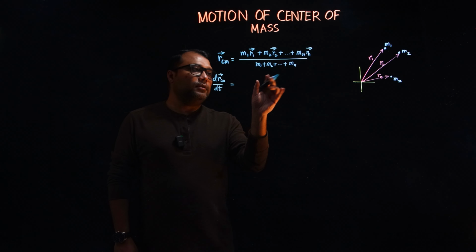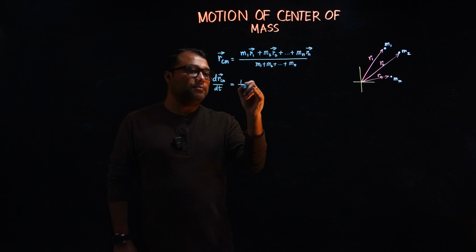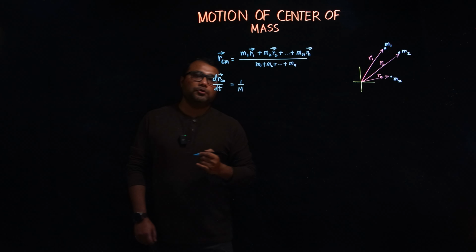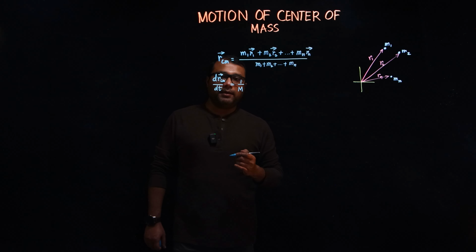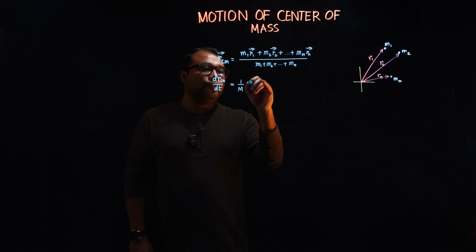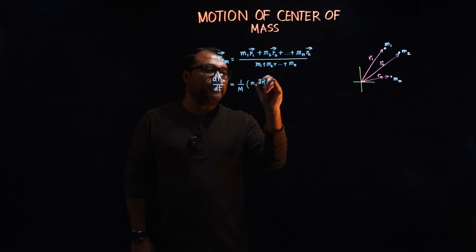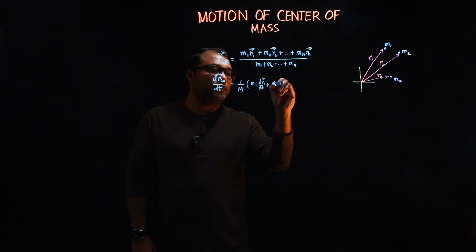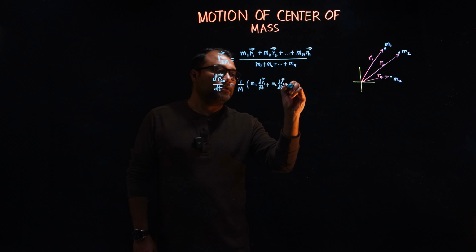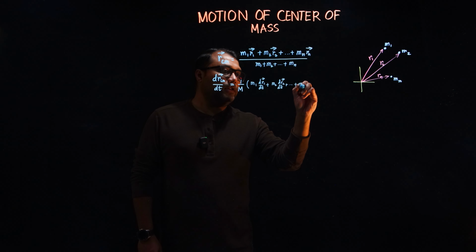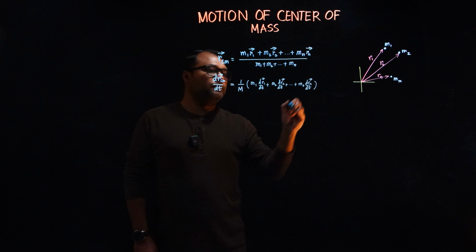And if this is a constant, let's say the total mass of the system is big M, where big M is equal to M1 plus M2 all the way to Mn, we would have M1 dR1/dt plus M2 dR2/dt plus we can go up to Mn dRn/dt, okay.